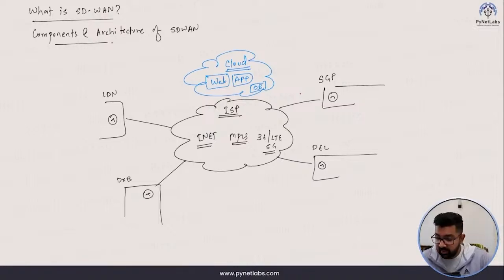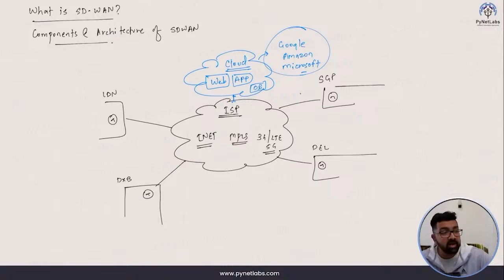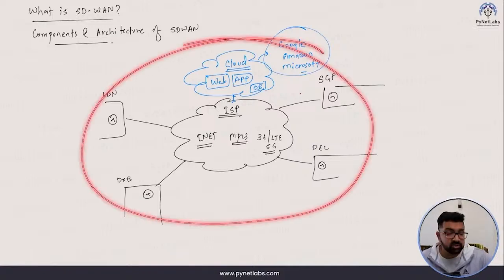The ISP has connectivity with the cloud, and this cloud can be anything: Google's cloud platform, Amazon's AWS, or Microsoft Azure. Any of these cloud providers can host the applications and provide you reachability and accessibility to them.